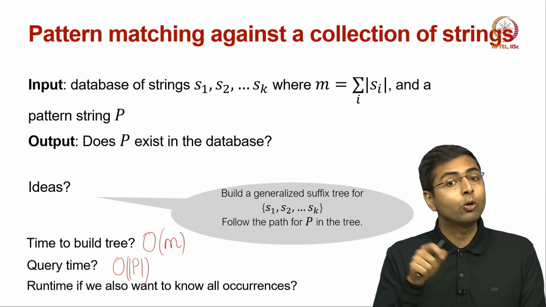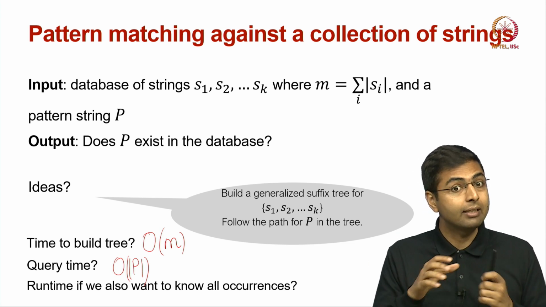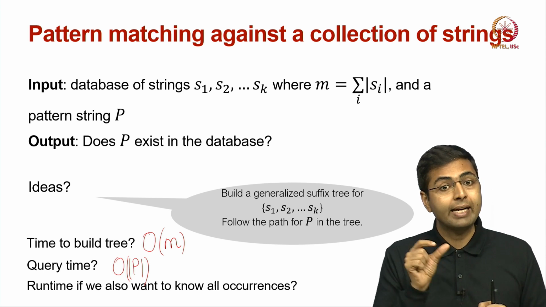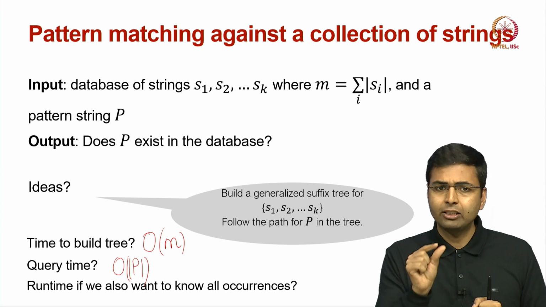But if I also want to know all the occurrences, so suppose the answer is yes, that the pattern occurs somewhere, and I want to report all the occurrences where exactly the pattern occurs, then I have to do slightly extra work.